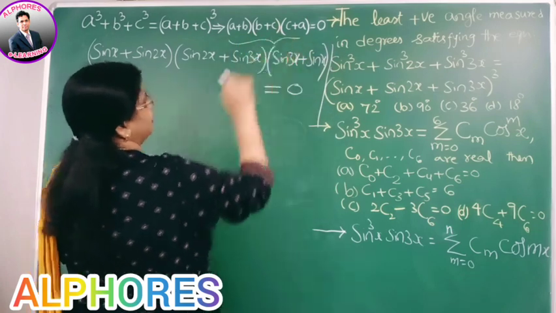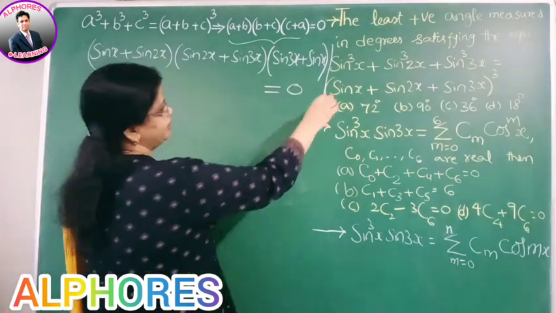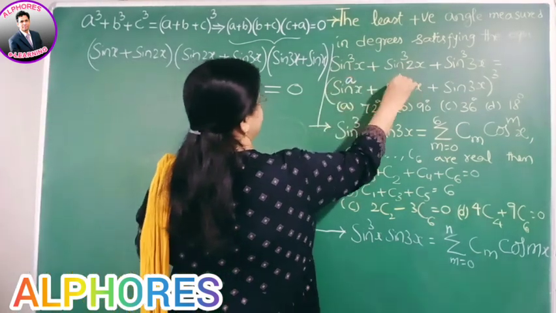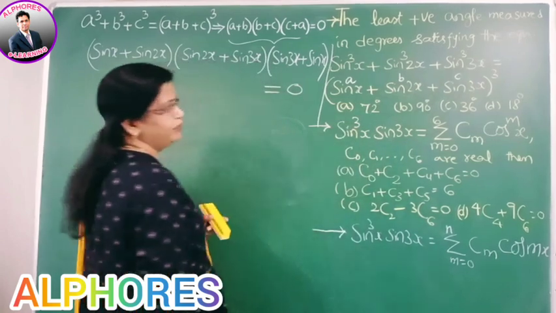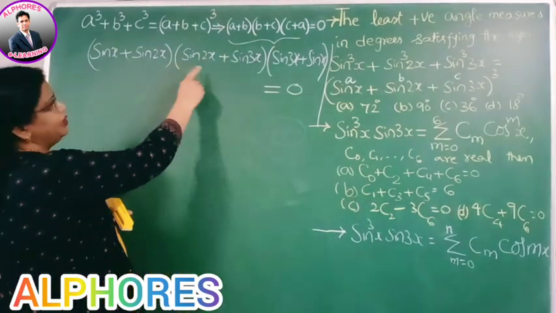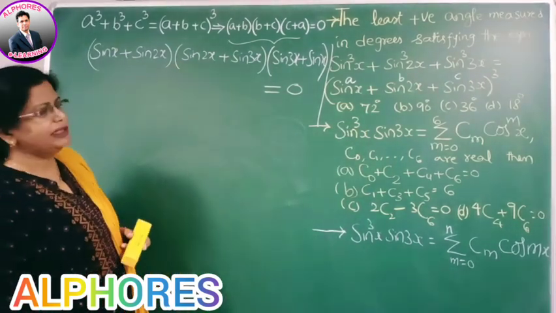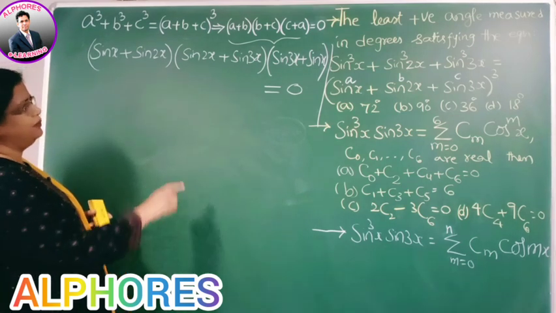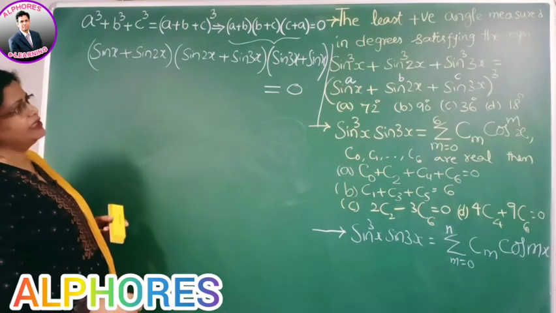Based on this value, suppose this is your A and this is B and this one is C, and thereby you got this kind of value. Understand students?